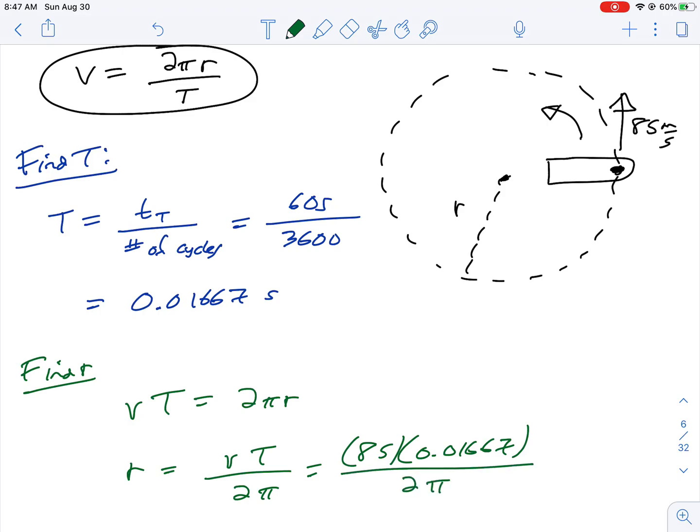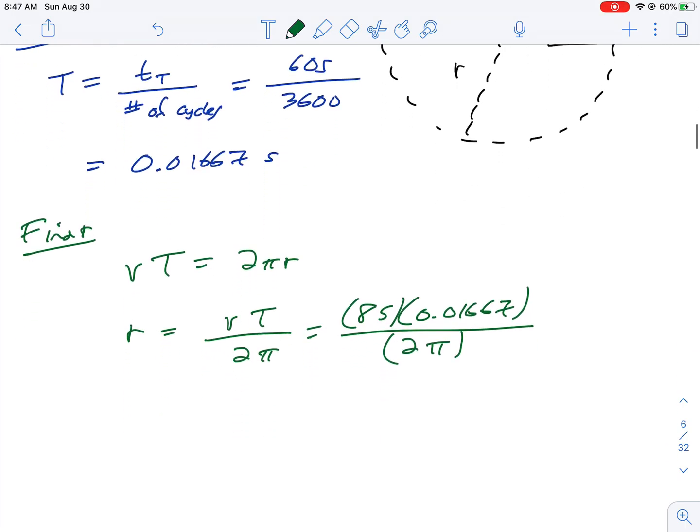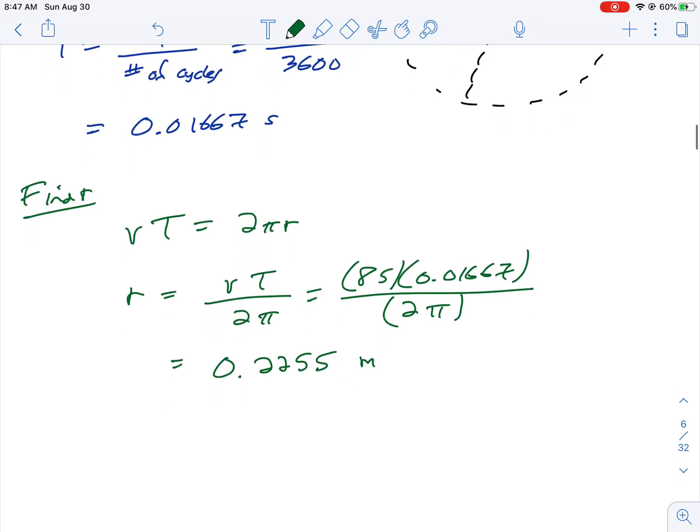And just make sure that 2 pi is in brackets on your calculator if you're going to do this all at one time. All right, let's see what we get here. So I get about 0.2255 meters. But I'm not looking for radius, I'm looking for diameter.